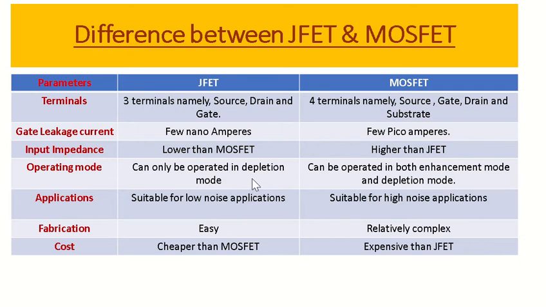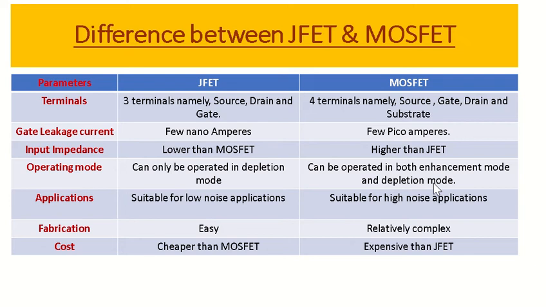For the time being, I can only say that depletion mode is a kind of continuous current flow. It's a normally on mode of operation. Just remember that much for now, and once we go into deep study, then definitely you'll learn more about it. So here MOSFET has enhancement mode and depletion mode. Depletion mode, as I said, is a normally on state.